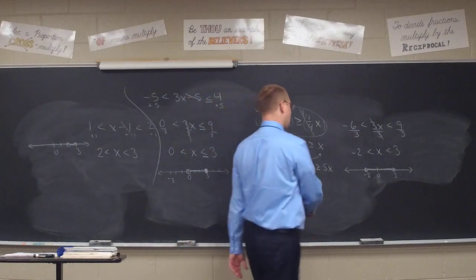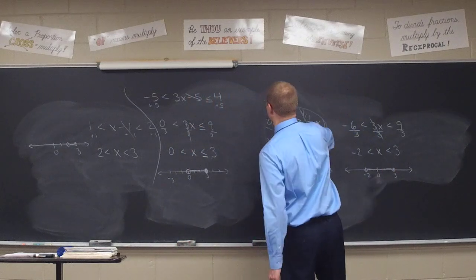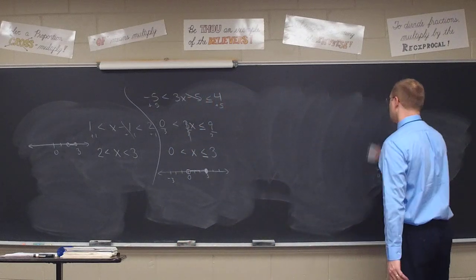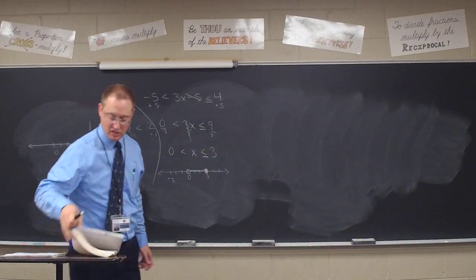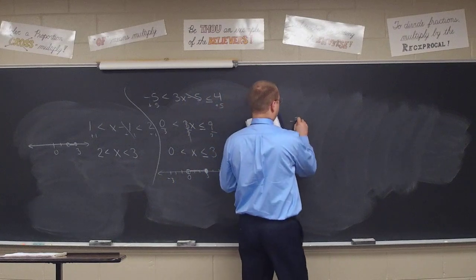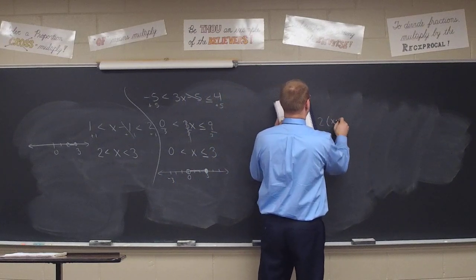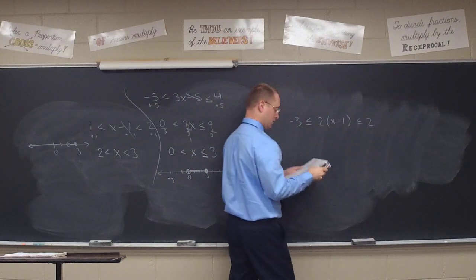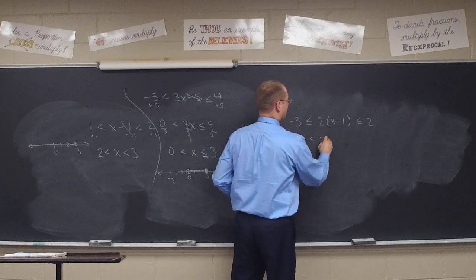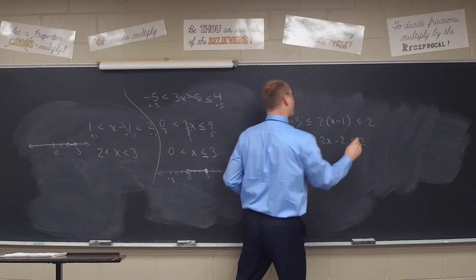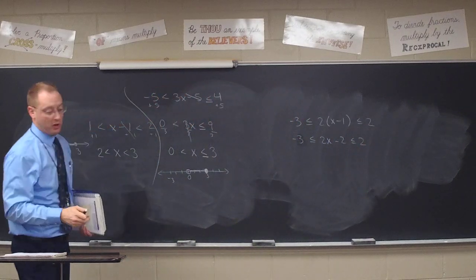Ooh, what do I need to do first, Curtis? Undistribute the 2. There we go. Inside the inner part of the inequality, we need to distribute the 2 to get 2x - 2. There we go. And now that we've distributed the 2, now we go ahead through our next 2 steps.